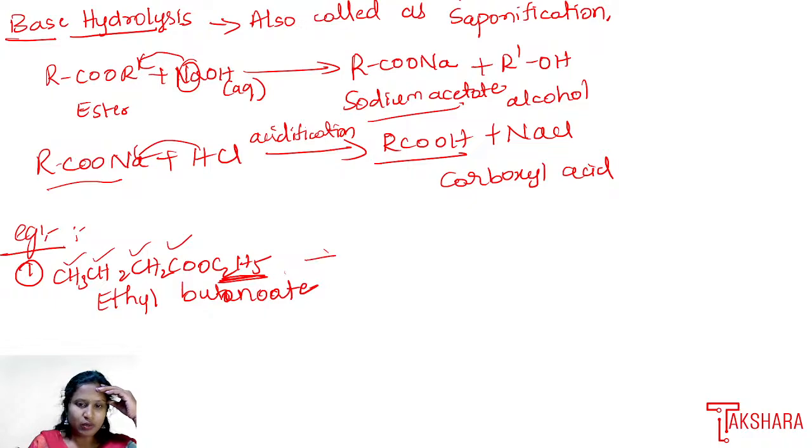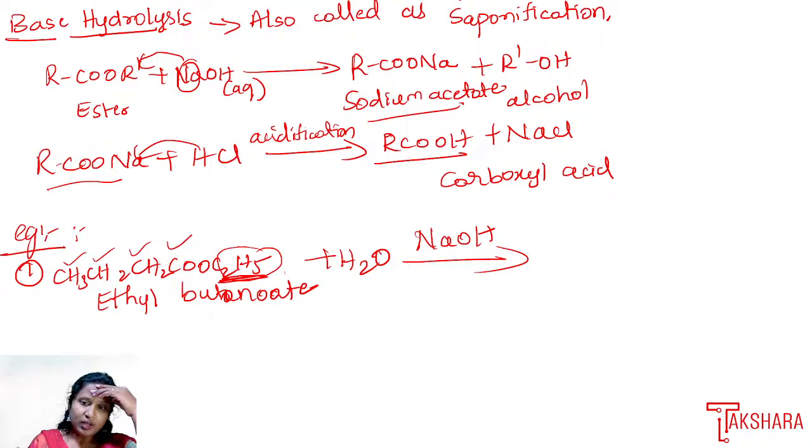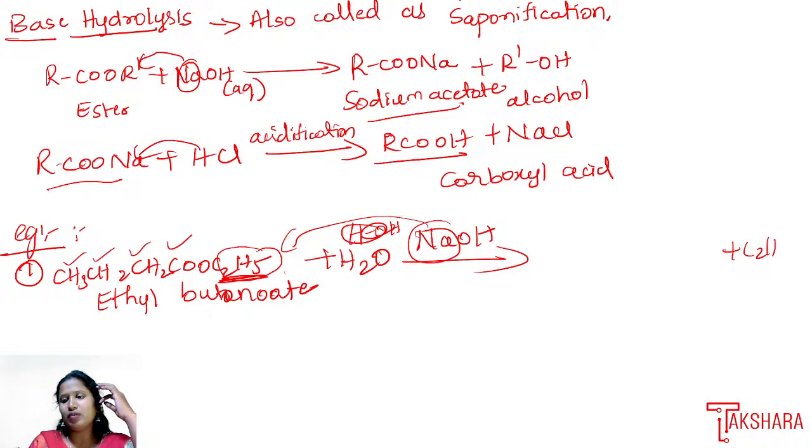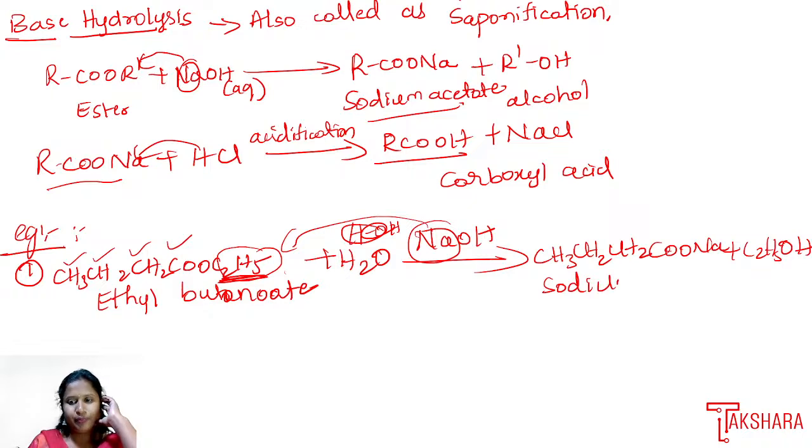Ethyl butanoate undergoes alkaline hydrolysis, that is base hydrolysis with NaOH. Here the C2H5 is replaced by Na, and C2H5 combines with OH, so the by-product C2H5OH, ethanol, is removed, and the major product is CH3CH2CH2COONa, sodium butanoate.